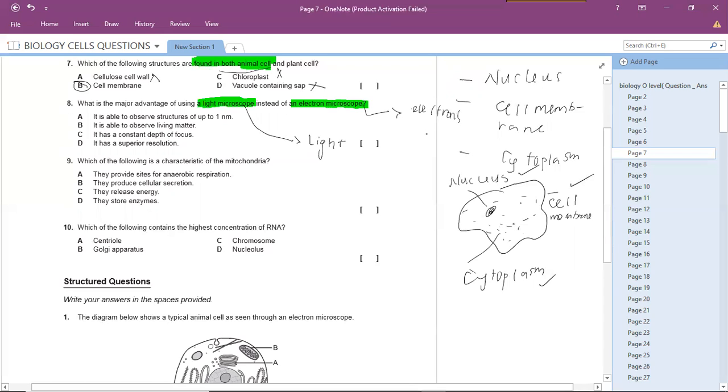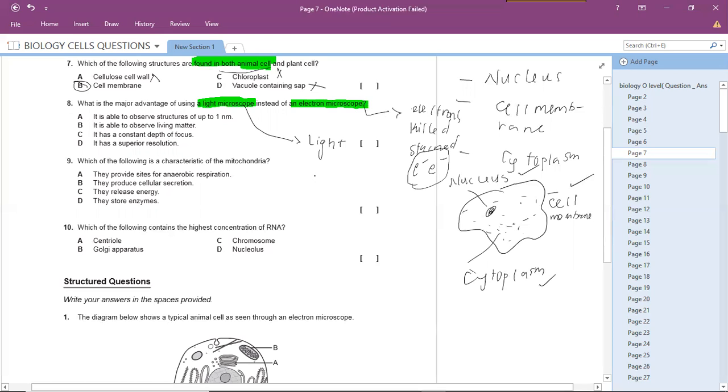So before you view a cell on an electron microscope, it has to be killed and stained, sort of coated with conducting materials that are going to attract the electrons so that you can get a detailed, more structure of that cell.